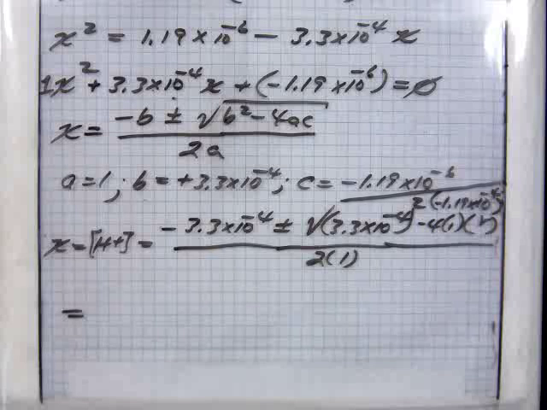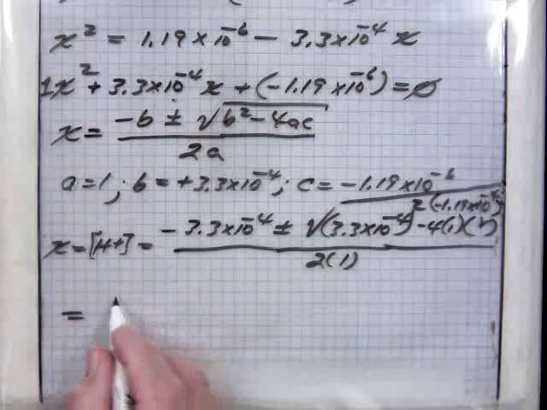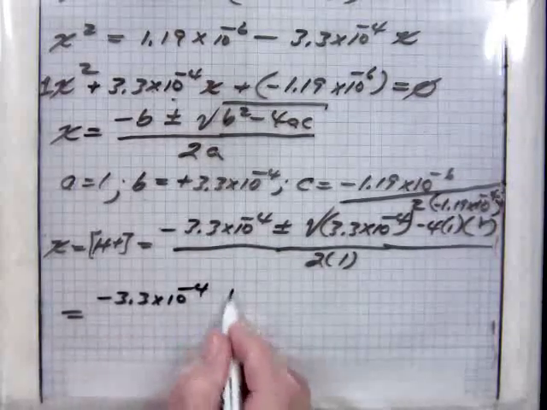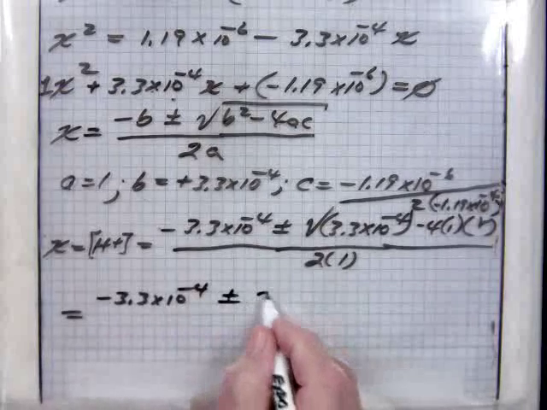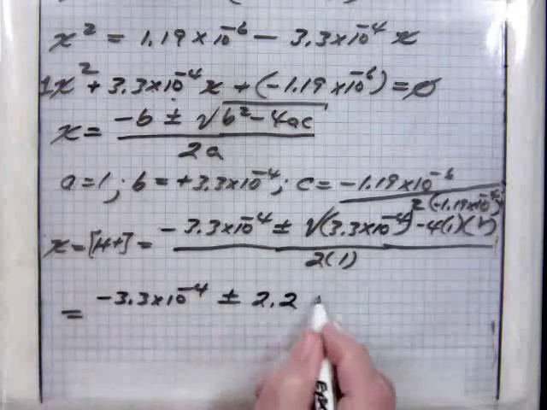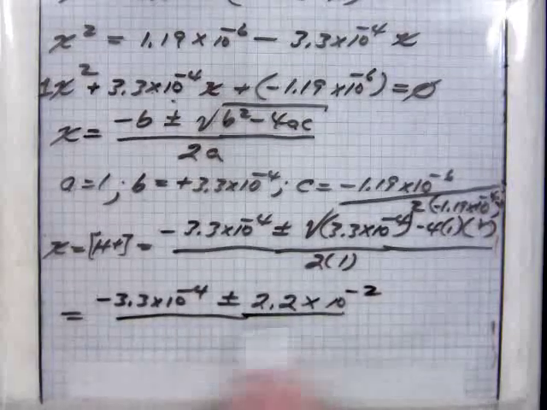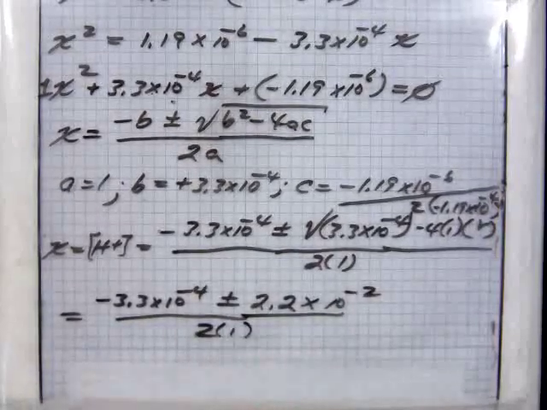Okay. Store that, and then 3.3 times 10 to the minus 4 squared plus the stored value, equals, and take the square root of that. Okay, so now I have minus 3.3 times 10 to the minus 4 plus or minus 2.2 times 10 to the minus 2, over 2 times 1.